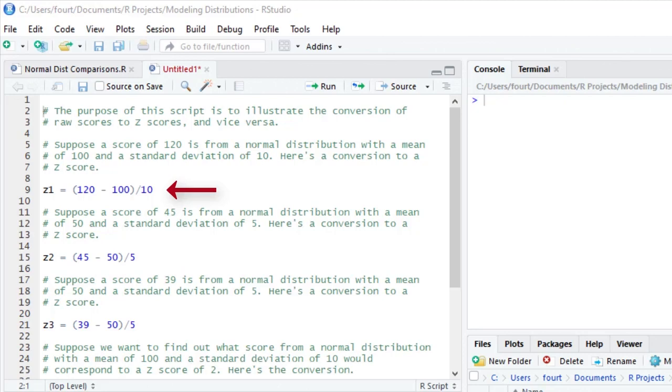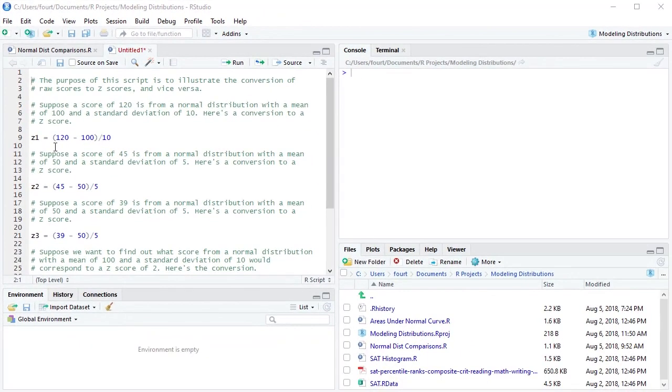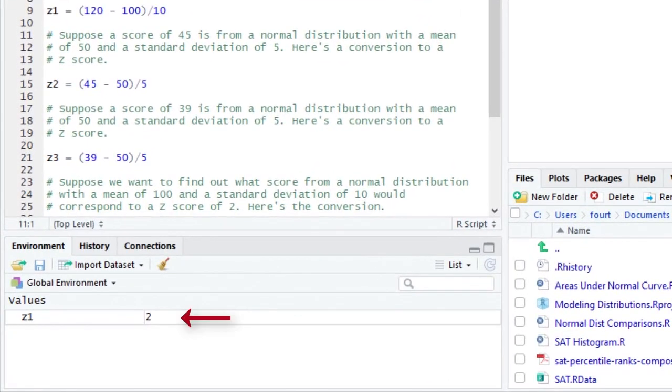Then we divide by the standard deviation of 10. The result, of course, is a score of 2. We say that the z-score corresponding to a score of 120 is 2. That's because 120 is 2 standard deviations above the mean of 100.